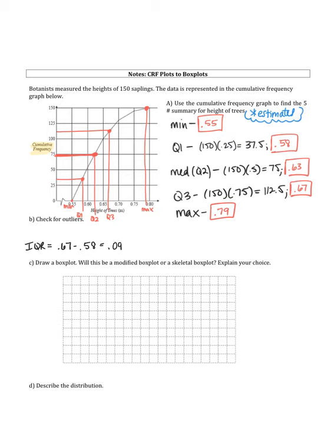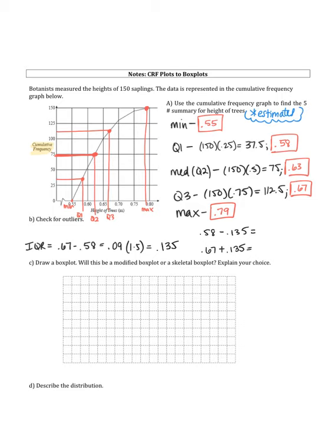I'm going to multiply that by 1.5, and I get 0.135. So I'm going to take my Q1 of 0.58 and subtract 0.135, and take my Q3 of 0.67 and add 0.135. And we're going to see what we get for these boundaries.